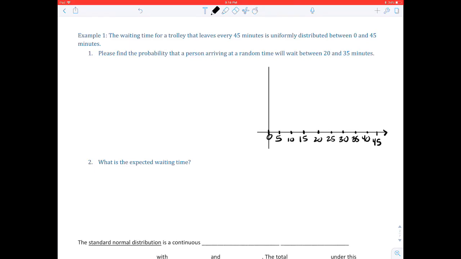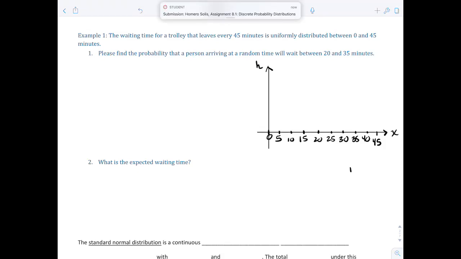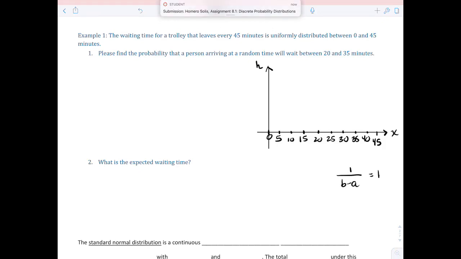Awesome. So now, if we call this the x-axis, right, what do we need to find? We need to find our y-axis. So what did we learn? We learned that this y-axis, or the height axis, if you will, the height is 1 over b minus a.